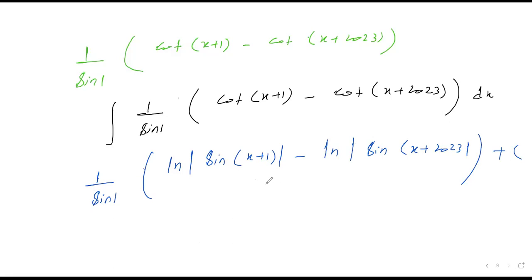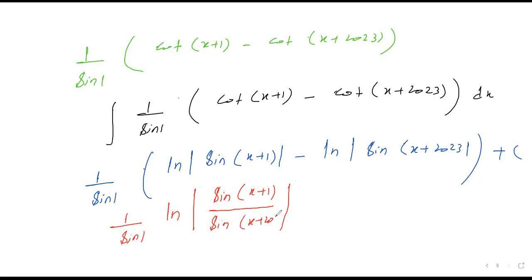Log a minus log b is simply log a divided by b. So you can again write it in this way: 1 upon sine 1 ln modulus of sine x plus 1 whole divided by sine of x plus 2023 plus the constant of integration c. This is your final answer.